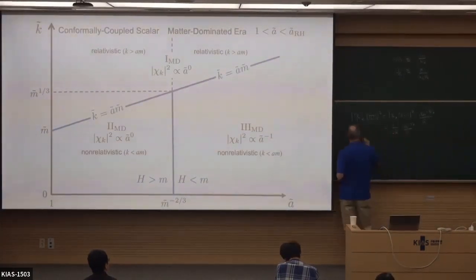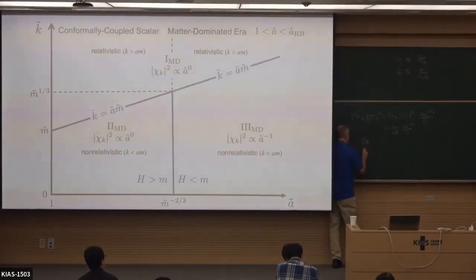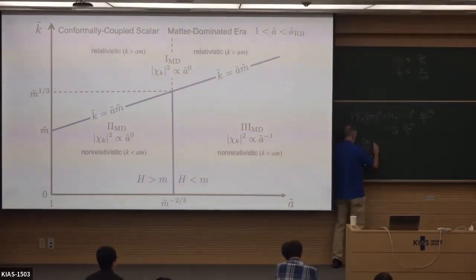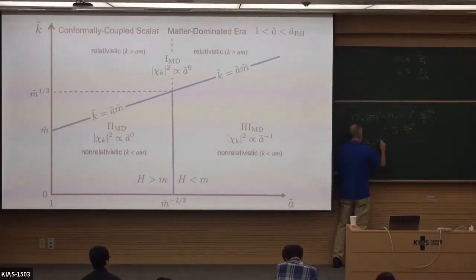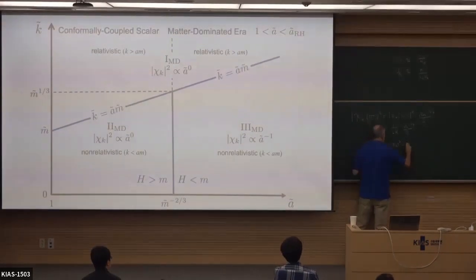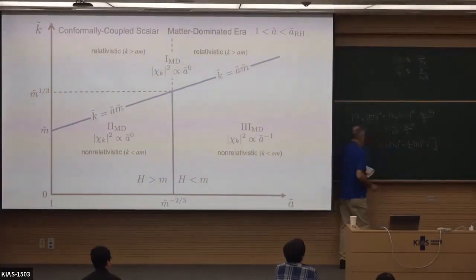Now what we are interested in is calculating n sub k. And this is 1/2 omega k chi k squared plus 1 over 2 omega k chi k prime squared minus 1/2. And we know what chi k is.